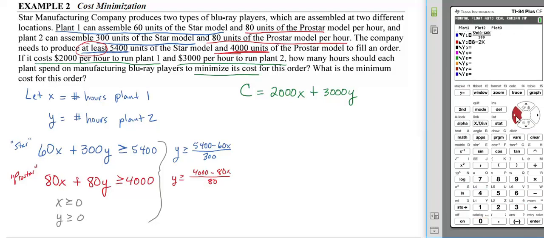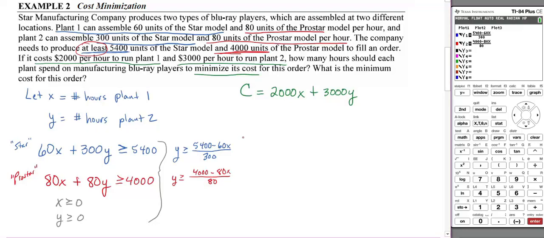And then this one, again, we want to shade above, so fix the shading on that and then enter your function. Alpha y equals, we'll put 4,000 minus 80x, and that's over 80. There we go. And as far as how to set the window, it's easy for us to find x and y intercepts on these.